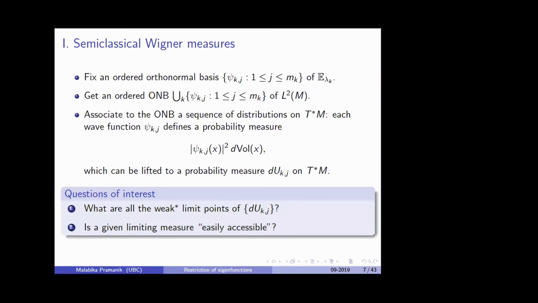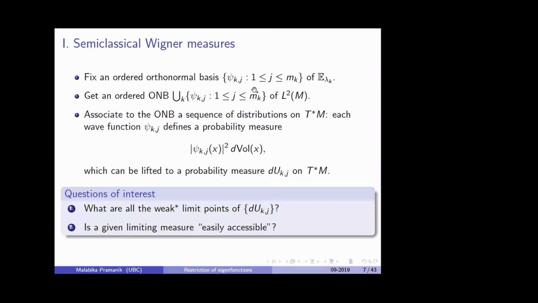One way to study long-term behavior of eigenfunctions is through semi-classical Wigner measures. This for us will be a path not taken, so I will be very brief and rough. Suppose we have an ordered orthonormal basis for each eigenspace.